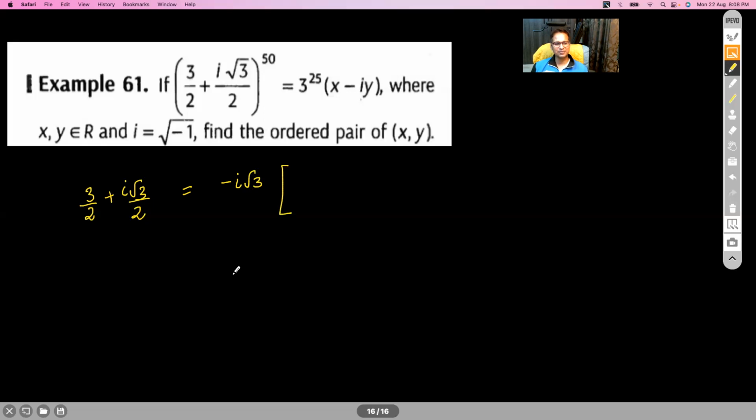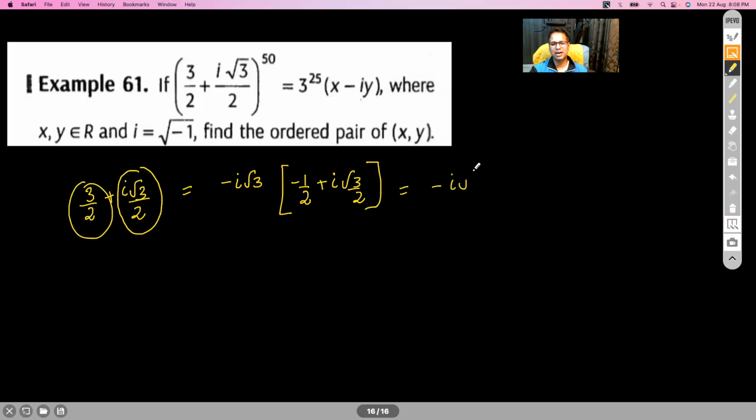Tell me what will I get? If I take minus i root 3 common, won't I get a minus half for this term? And for this term, won't I get plus i root 3 by 2? Correct me if I'm wrong. Agreed?